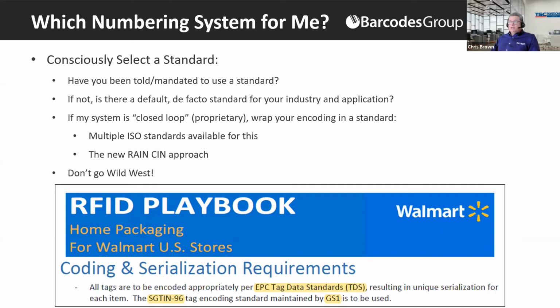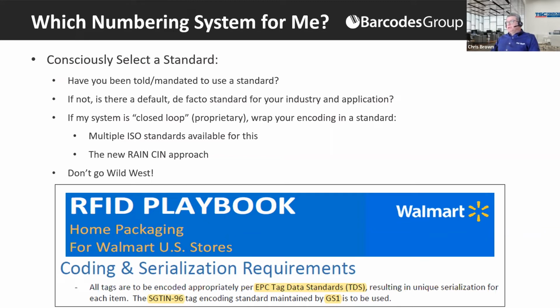RFID does allow encodings for these closed loop solutions, but if you're going to do that and you want to cook up your own numbering system, you can do that, but make sure to wrap up your own numbering system in a standard. There are standards out there, mostly from ISO, that are designed to be wrappers for your own proprietary numbering systems.